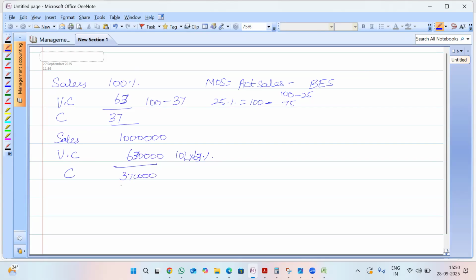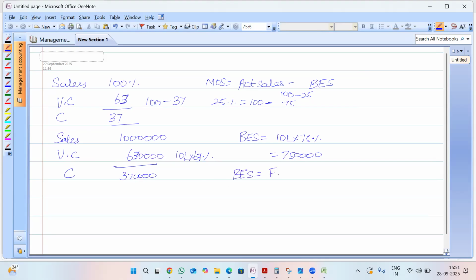Now I need to calculate fixed cost, right? Is it possible to calculate fixed cost? Yes, obviously, because 75 percentage is my break-even sales. So my break-even sales is 75 percentage on sales. That is 10 lakhs into 75 percentage. So my break-even sales will be 7 lakh 50,000. So what is the formula for break-even sales?